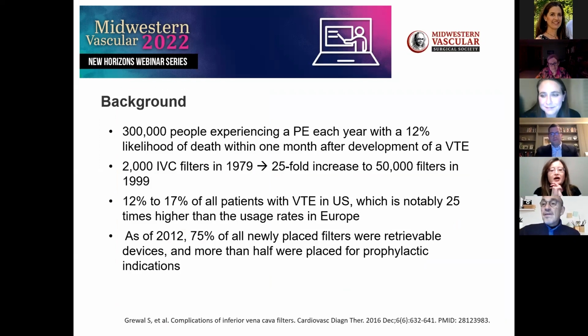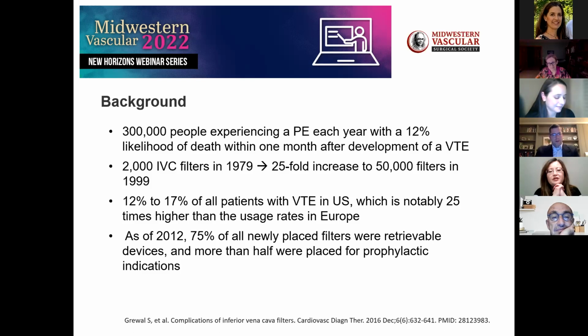In terms of background, Dr. OB gave a really good talk about that. So there's a lot, 300,000 experienced pulmonary emboli with 12% likely death within 1 month. So there were 2,000 IVC filters in 1979, and now we have a 25-fold increase 20 years later.